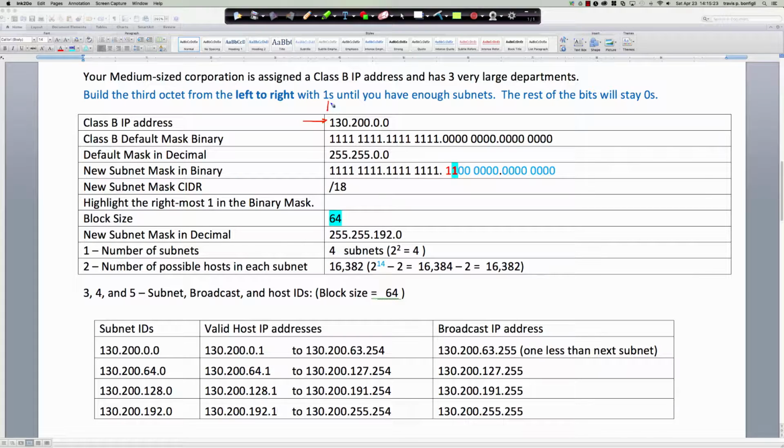So, and remember, Class Bs go from 128 up to 191 in that first octet range, because remember, the first bit is going to be a 1, followed by all 7 zeros. 1, 2, 3, 4, 5, 6, and 7. So 128 up to 191.